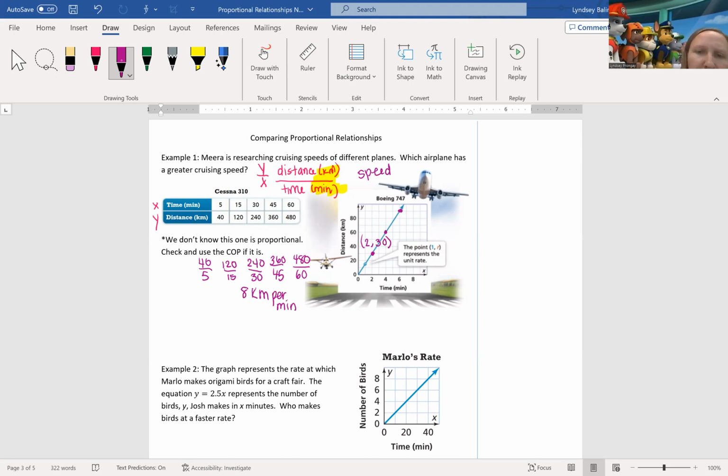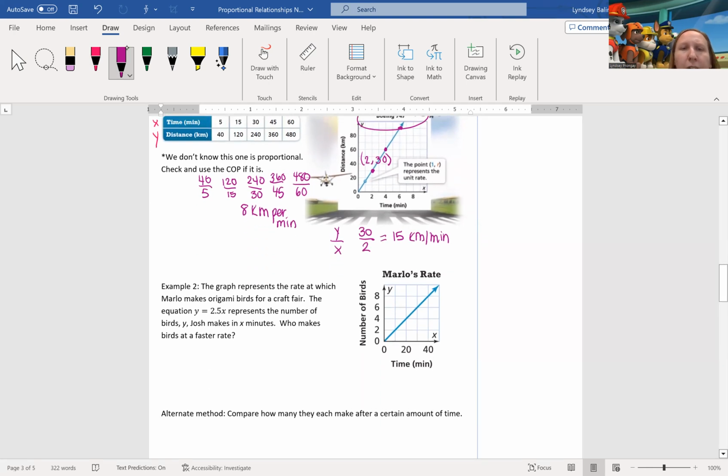Now if I'm doing y's over x's, or kilometers over minutes, that would be 30 over 2, which divides to be 15. So this Boeing 747 is going 15 kilometers per minute. If the question's asking which has a greater cruising speed, that would be the Boeing 747. 15 is higher than 8.